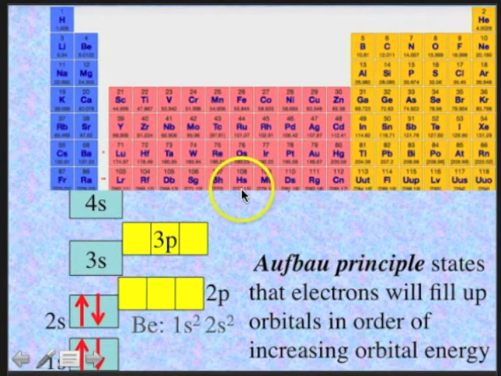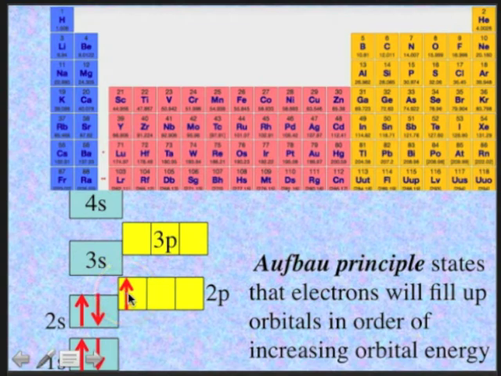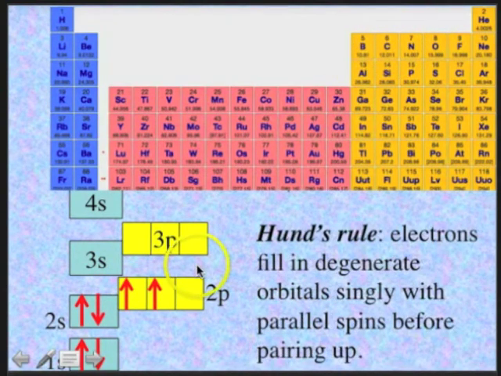First comes boron, with one electron in a 2p orbital. Next is carbon, and now we can apply Hund's rule. Electrons will fill in degenerate orbitals, and degenerate orbitals mean that orbitals have the same energy level.